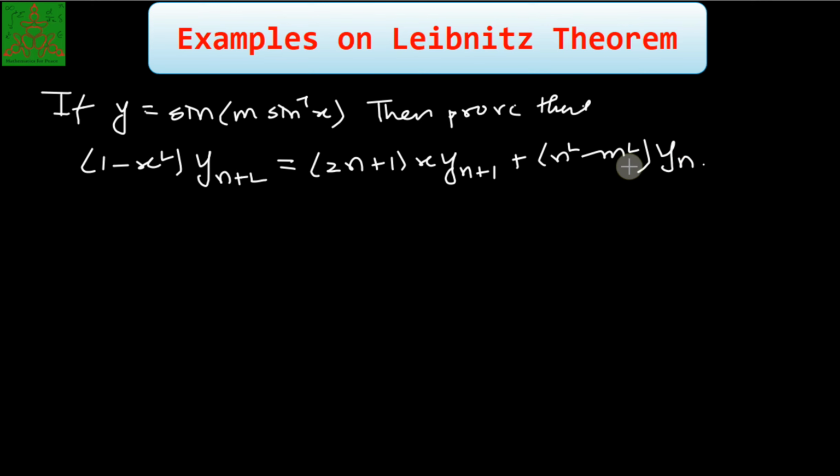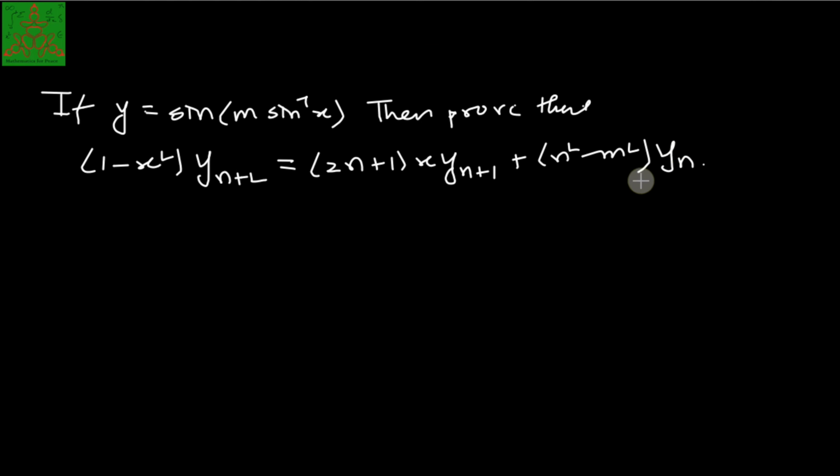Here we know that y_n represents the nth derivative of y. Y is this function, y_(n+2) is the (n+2)th derivative, y_(n+1) is the (n+1)th derivative.